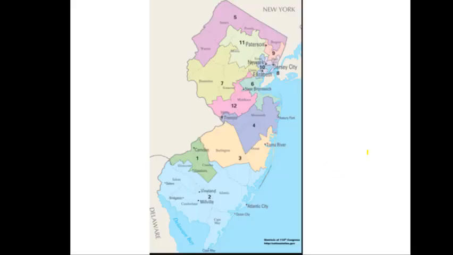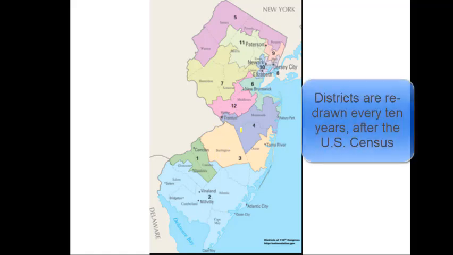New Jersey, for example, has 12 U.S. congressional districts. These are the districts in New Jersey, and they were established in 2010 after the census. There's 12 districts in New Jersey. This District 9 right here, I want to focus on that.